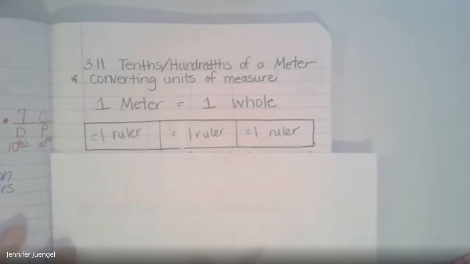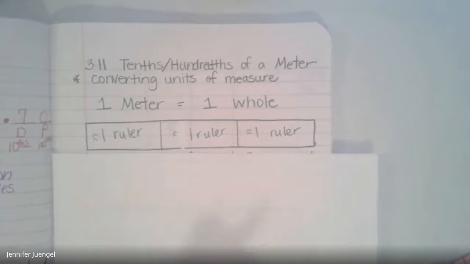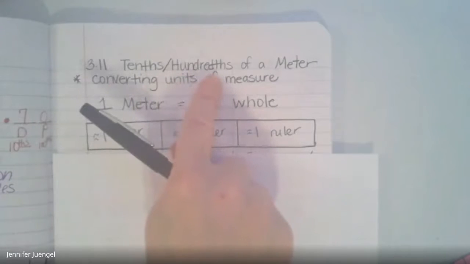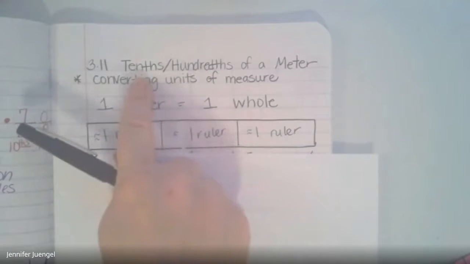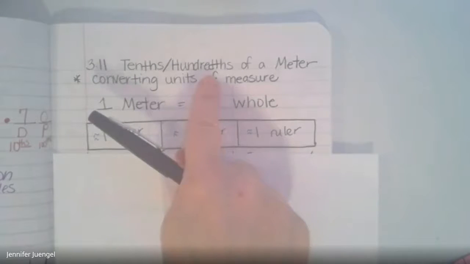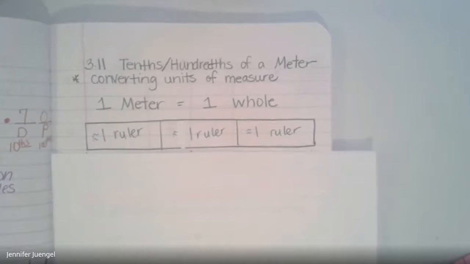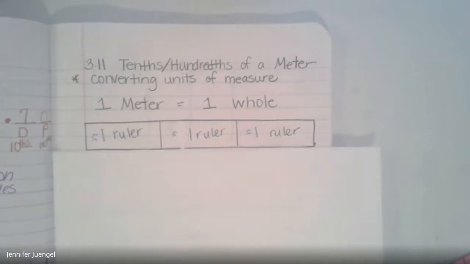So in this case, when we're talking about 1 meter, 1 meter will represent 1 whole. So today we're going to think about how we can break down that 1 whole into tenths and into hundredths. Fractions where we have 10 as the denominator, and fractions where we have 100 as the denominator. And we know that once we know what the fraction is, we can also write it as a decimal. So we'll be doing all of that work today, using all of our skills from the past few lessons.